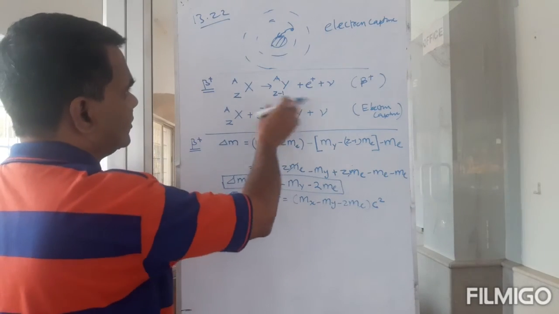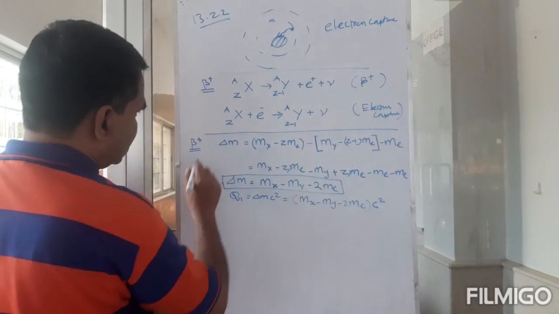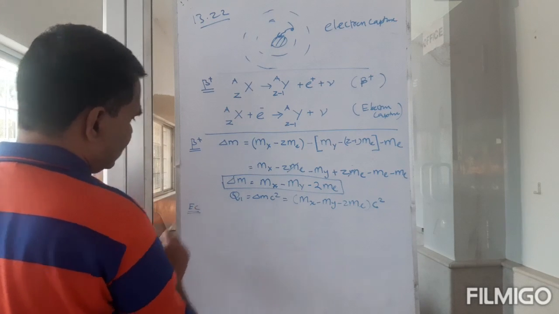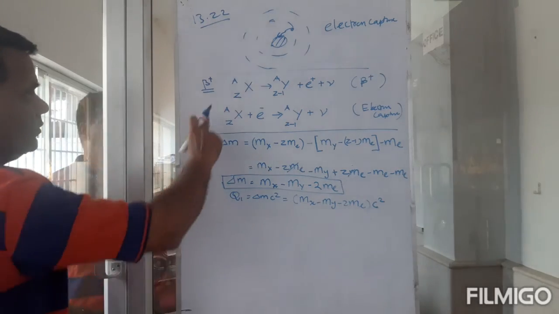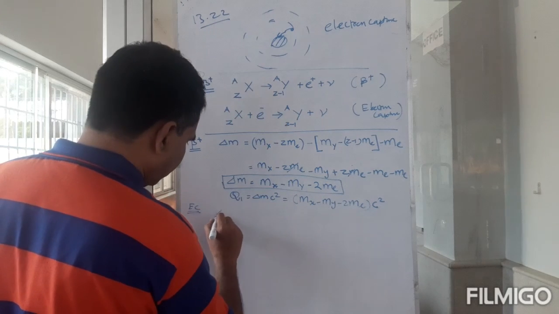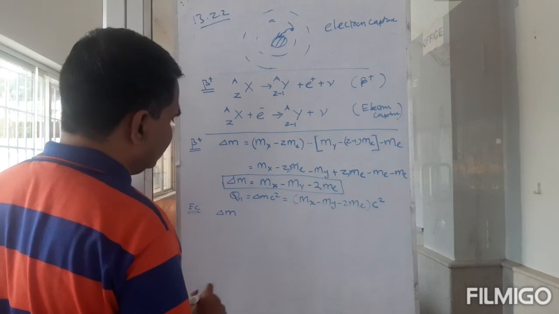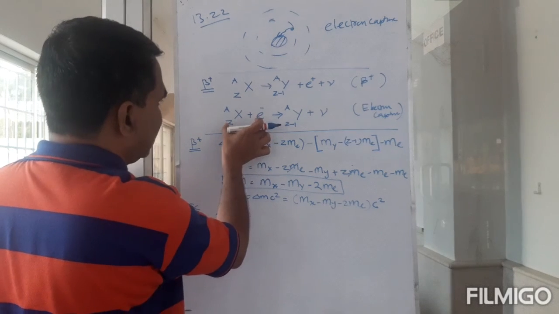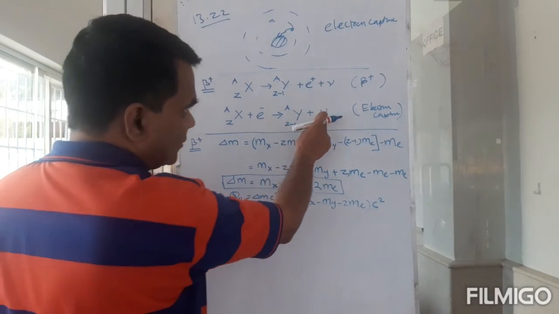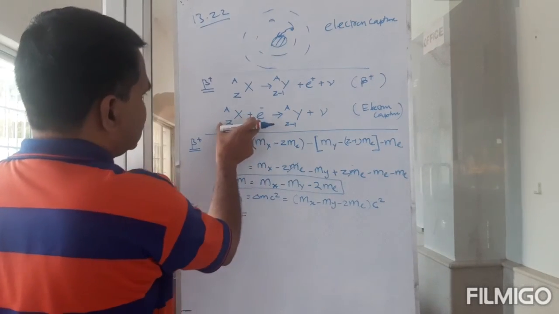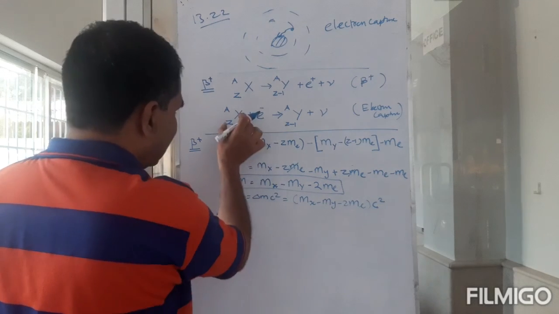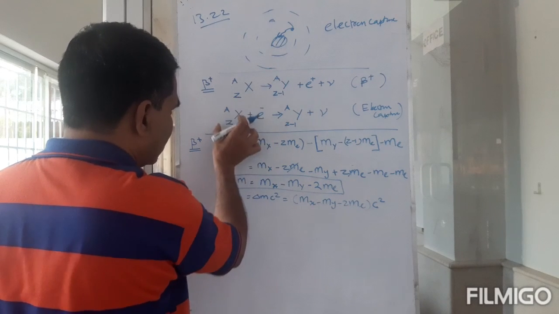Well, let's do the same thing for this one. Electron capture, we call it EC. So what is the delta M? Delta M is going to be equal to this combined mass minus this mass. I can ignore this mass. So what is that mass then? I have got the nuclear mass, right? So first let me get the nuclear mass of this.